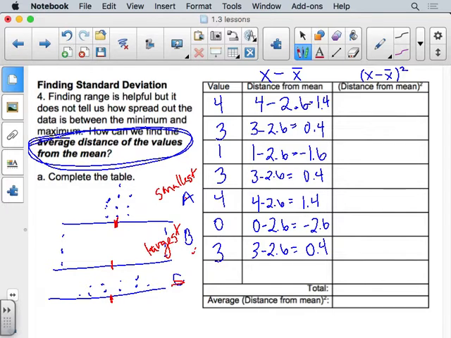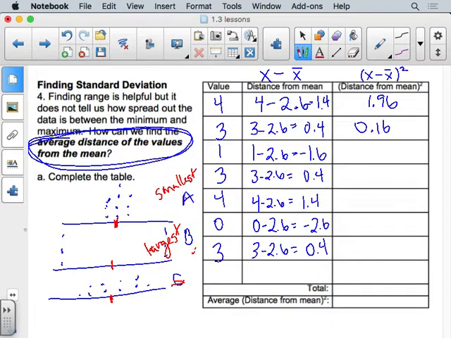So I'm going to square every single one of these, and I don't know any of these squares off the top of my head, so I'm going to need your help. We only have like 4 numbers. So could y'all do 1.4 squared? 1.96. Okay. And then 0.4 squared, is that 0.16?